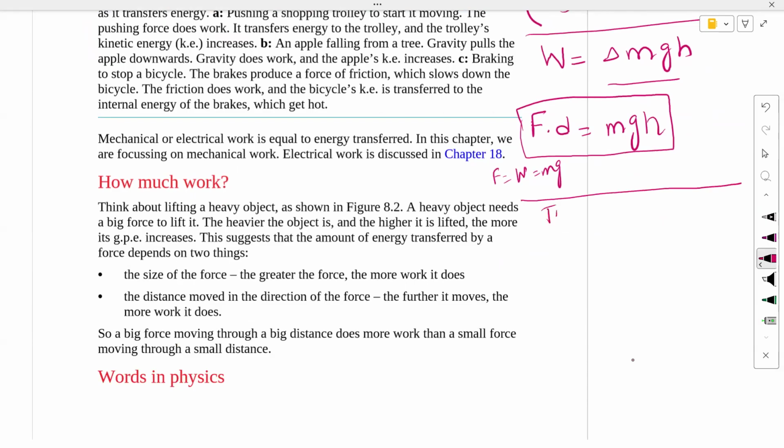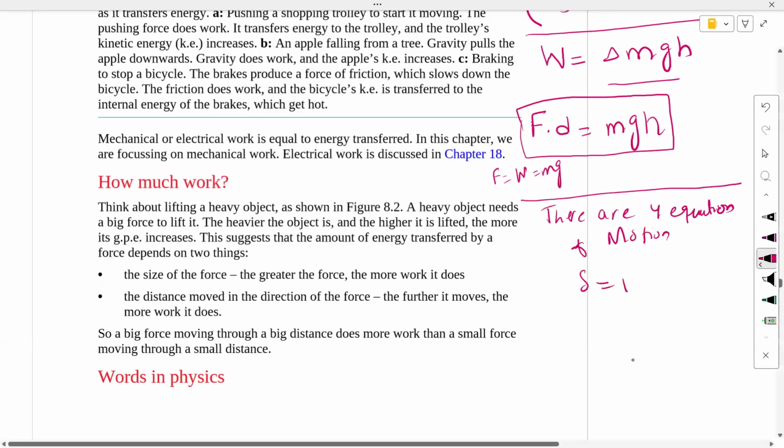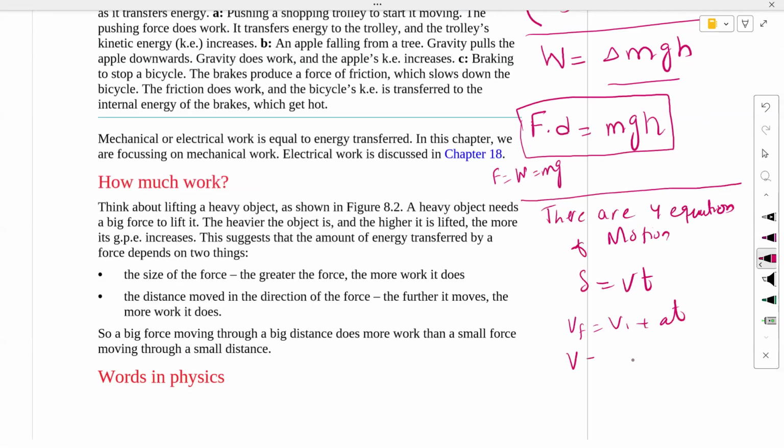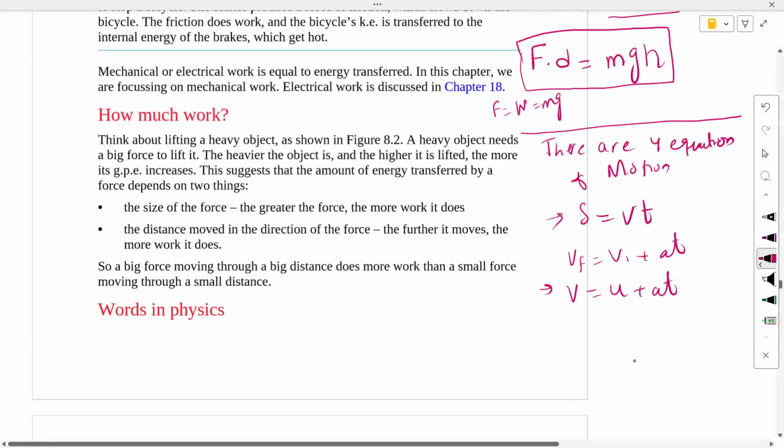There are four equations of motion, ठीक है, that we can use. दो हमारी simple हैं: s is equal to vt, and vf is equal to vi plus at, or we can also write v is equal to u plus at. Do you recognize these equations? ये हम लोगों ने कहाँ पढ़ी हुई हैं? Zainab, do you recognize these equations?